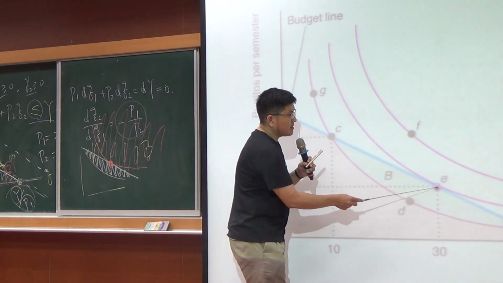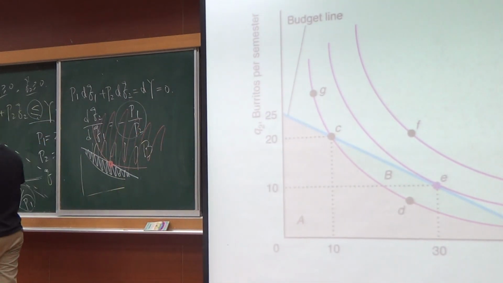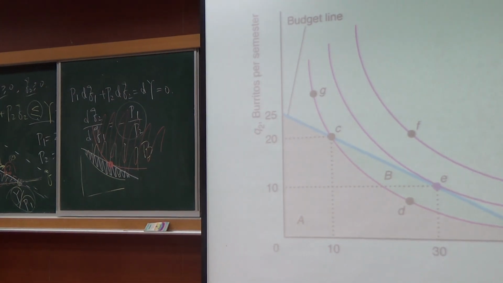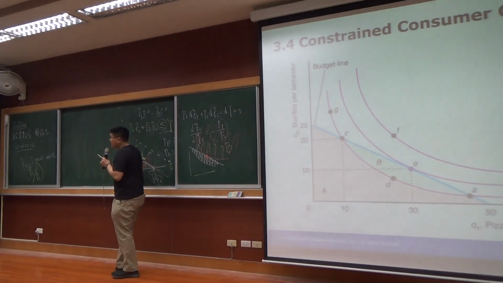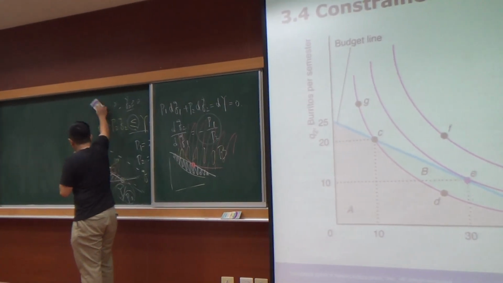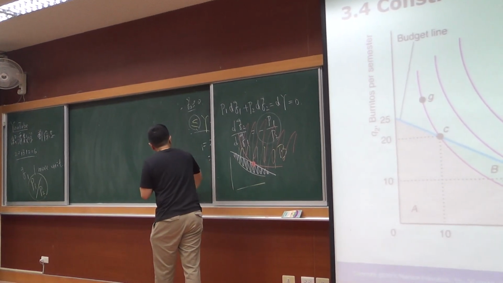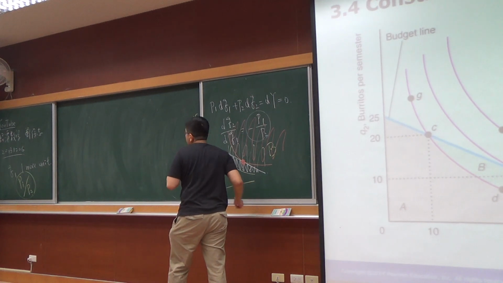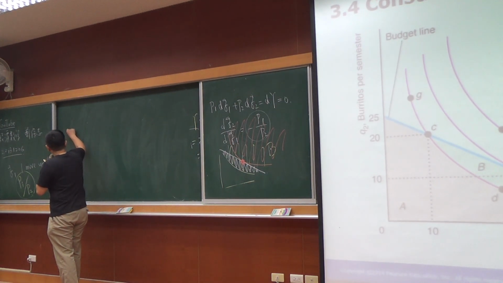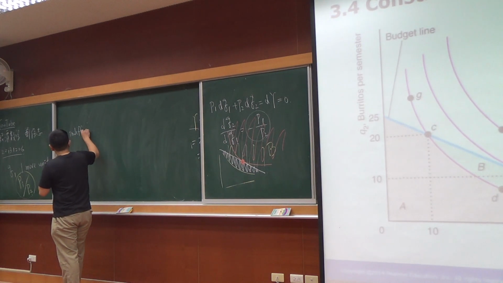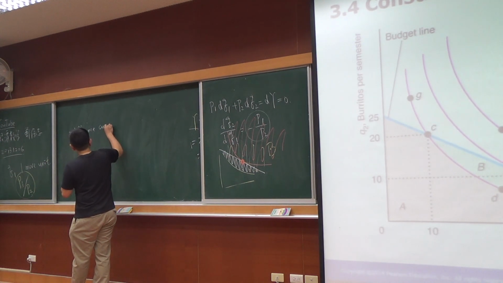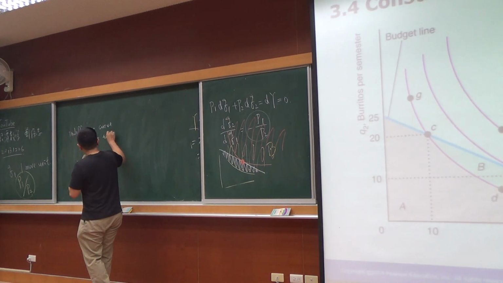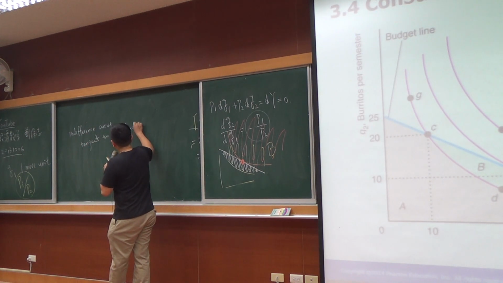Okay, and what is the property of point E? What is the feature or characteristic of point E? The key feature is actually that the indifference curve is tangent to the budget line.